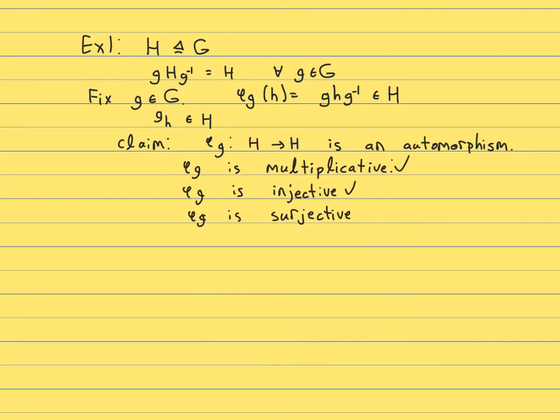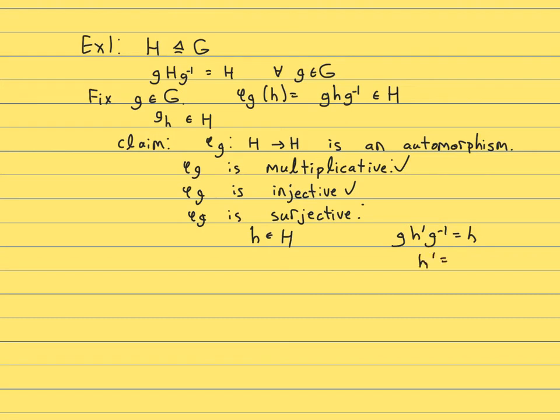And so we got that our map is multiplicative and injective, so all we need is surjectivity. Well, you need to take H in H, and we want to find an element that maps to it. So we're looking for a way to get an H prime, so that G H prime G inverse equals H. Again, the same trick should work.